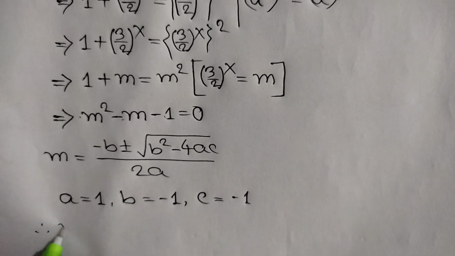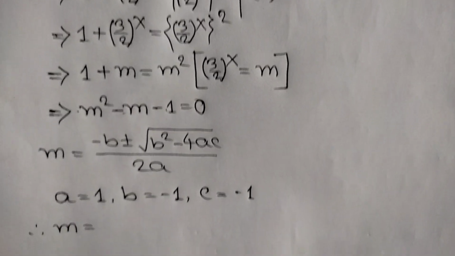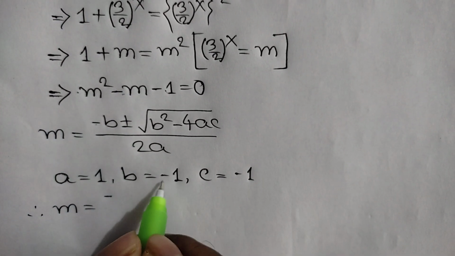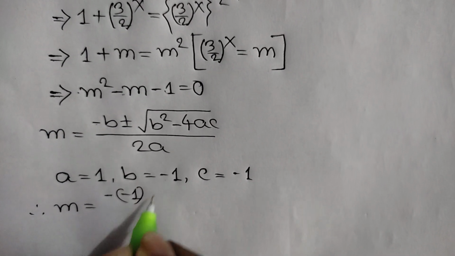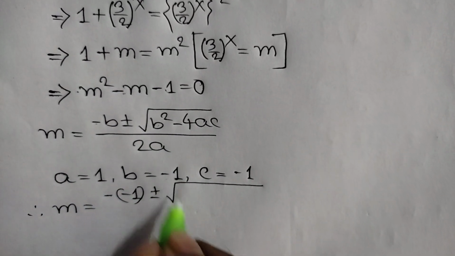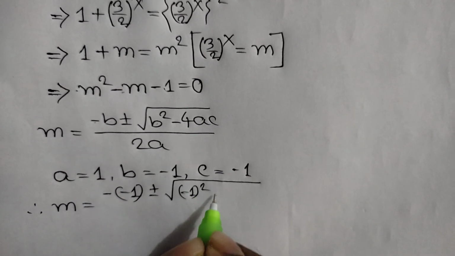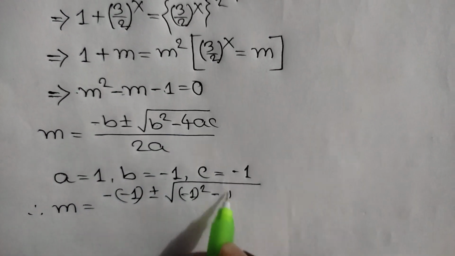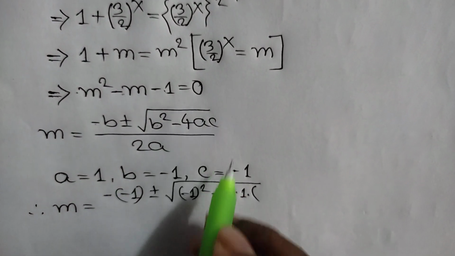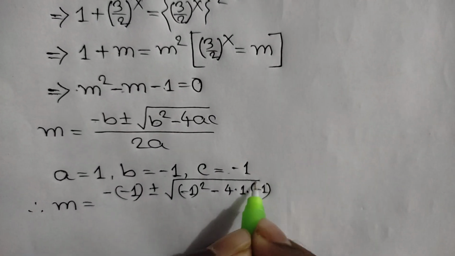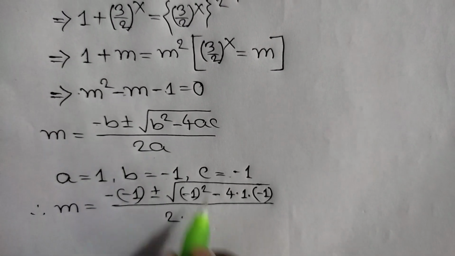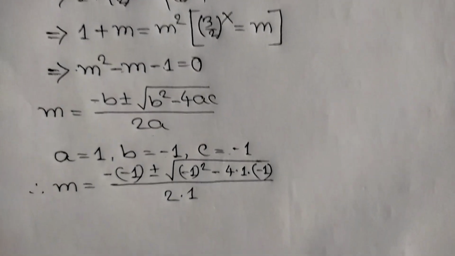So m is equal to minus b, that means minus of minus 1, plus or minus square root of b square, that means minus 1 square, minus 4 times a, that means 1, times c, that means minus 1, over 2 times a, that means 1.